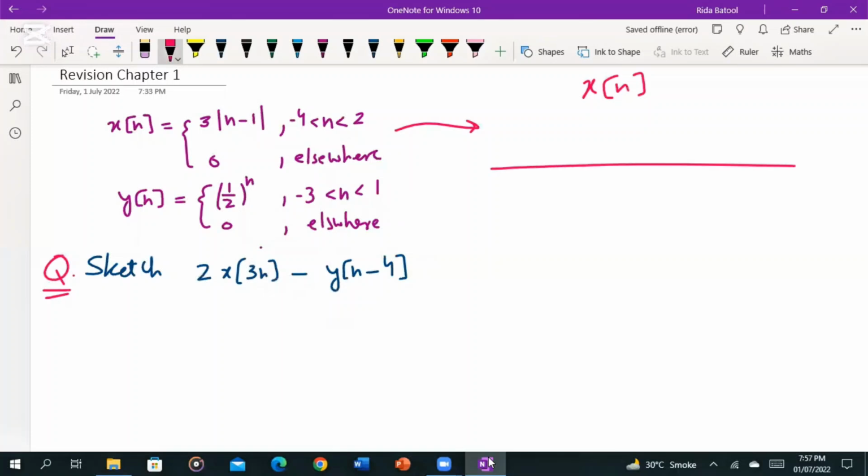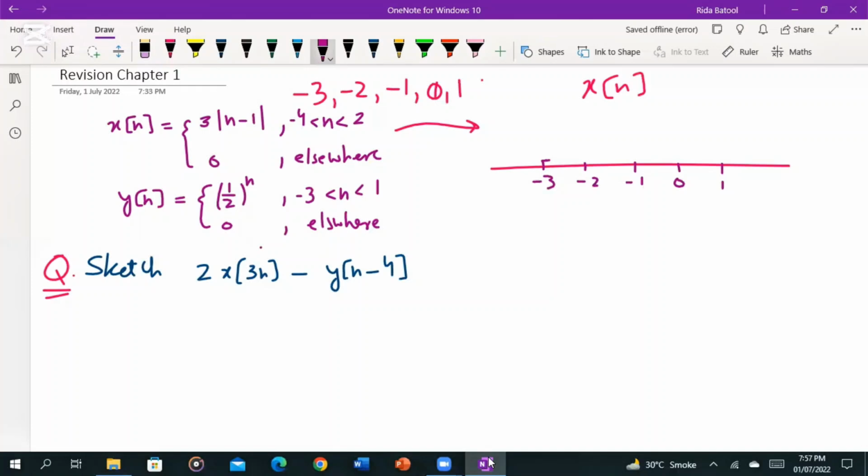So x of n exists from -3 till +1. So this is the range at which x of n exists. It exists at -3, -2, -1, 0 and 1, because less than 2 means 1.